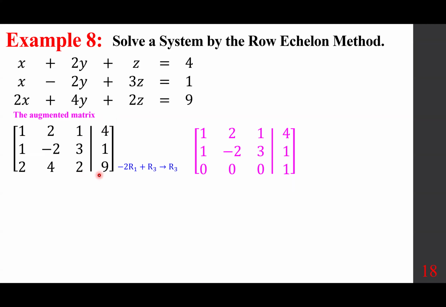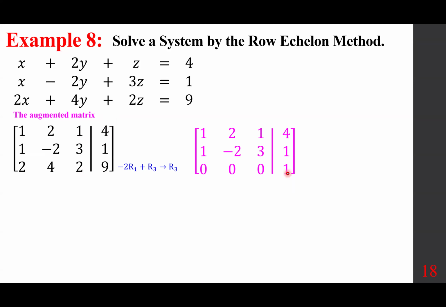I noticed that just by looking at it, even without a calculator: the last row is all zeros, except this one.